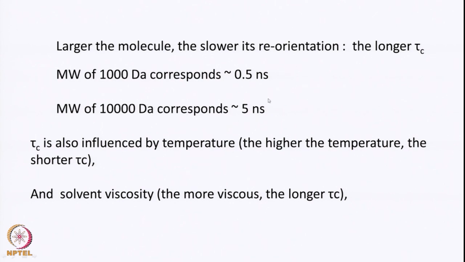So, you see as molecular size increases, the correlation time increases. For a typical bigger protein, the correlation time is 5 nanoseconds. However, for a small organic molecule, the correlation time is 0.5 nanosecond, and that is what we see: the spectral density accordingly changes for any particular frequency.